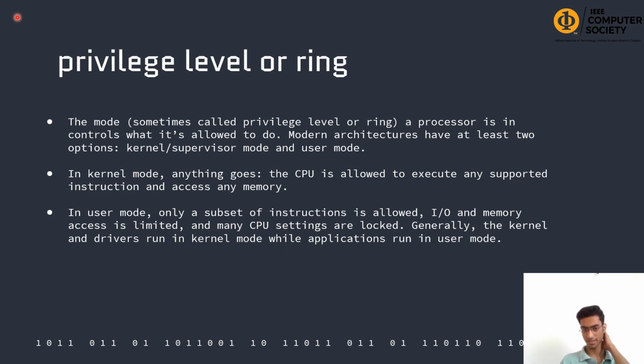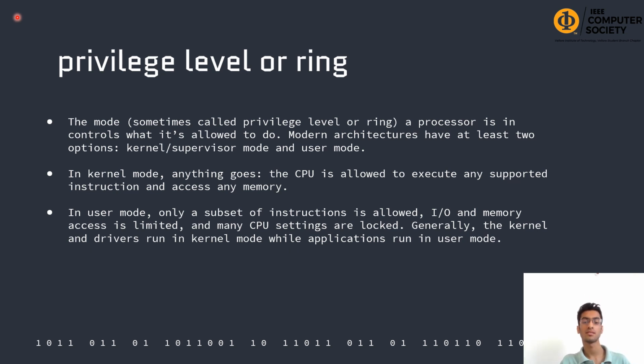So let us take an example here of how the processor modes manifest in real architectures. On an x86-64 system, the CPL, I mean the current privilege level, can be read from a register called CS, or the code segment.